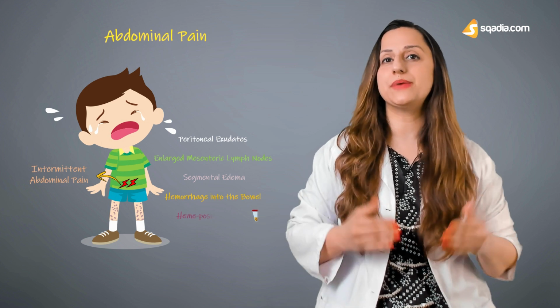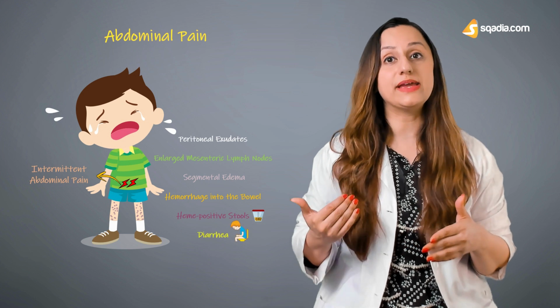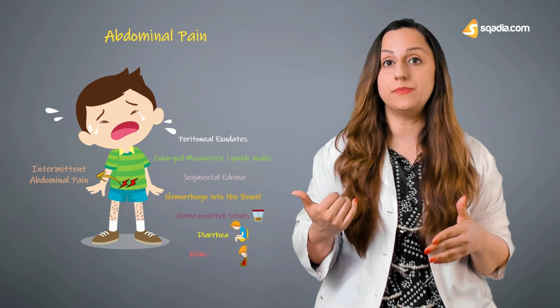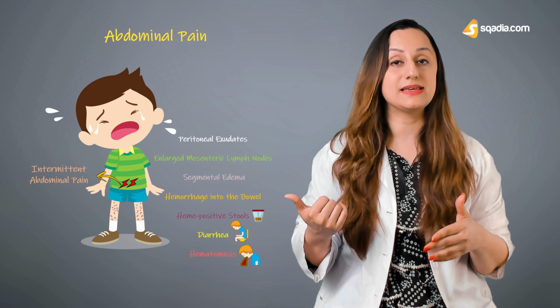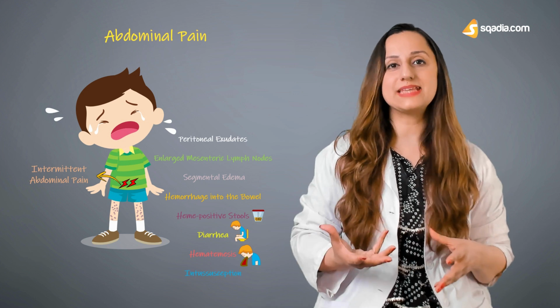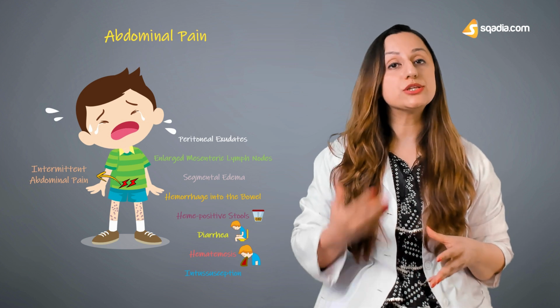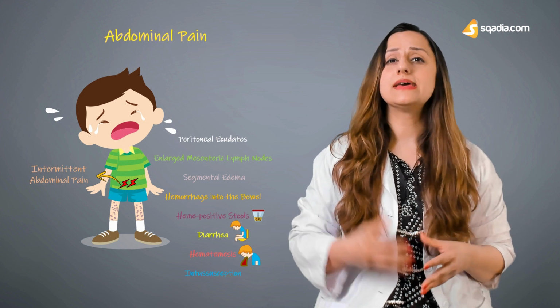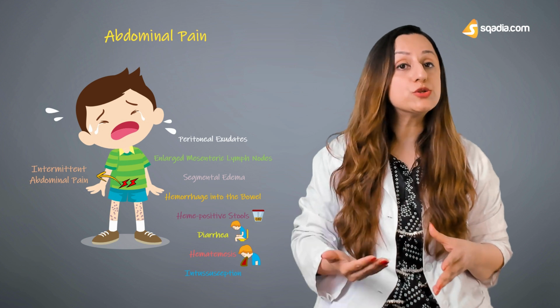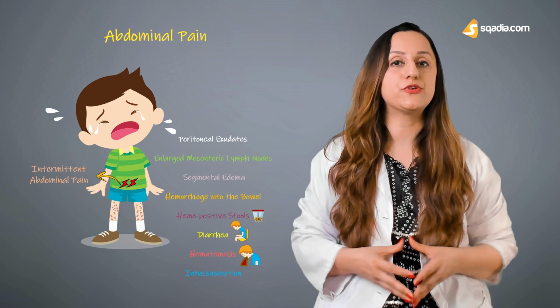More than half of the patients have occult heme-positive stools, diarrhea with or without visible blood, or hematemesis, which is basically blood in vomitus. Intussusception, which is basically the telescoping of the small intestine, may also occur in these patients. It is rarely found and may be followed by complete obstruction and infarction with bowel perforation.